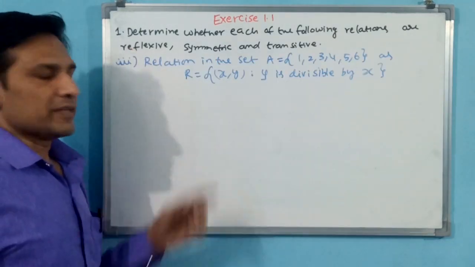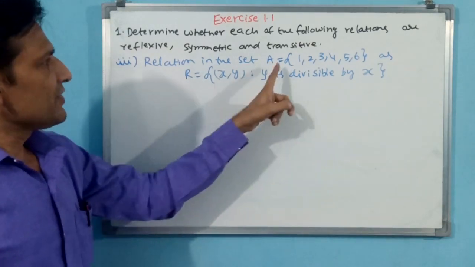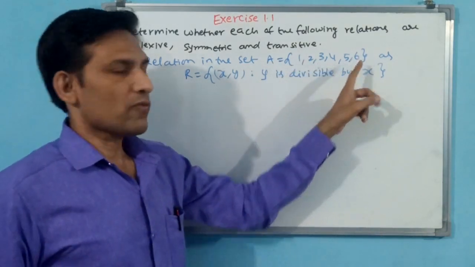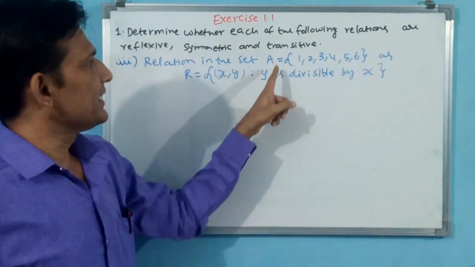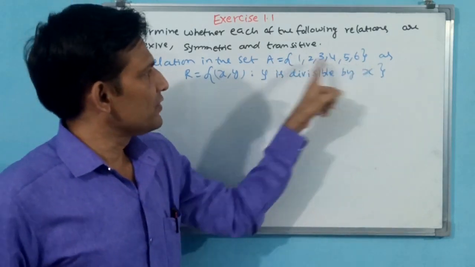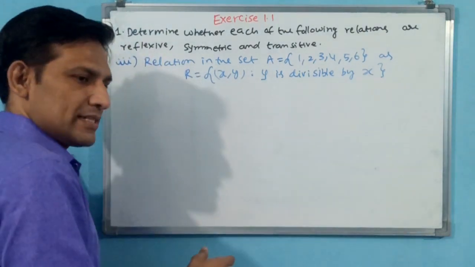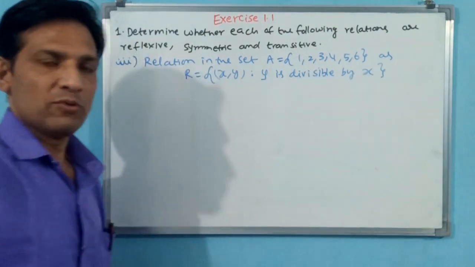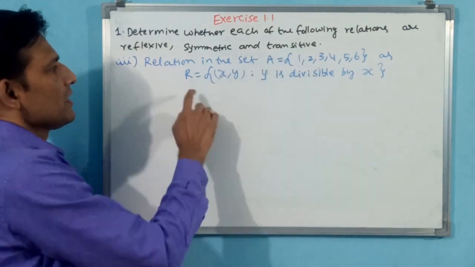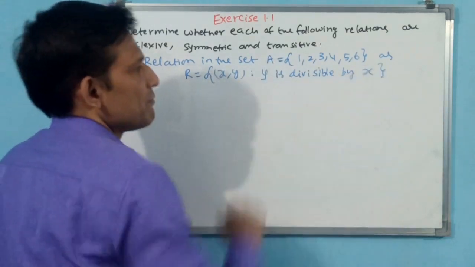See the third part of the first question. Relation in the set A is equal to 1, 2, 3, 4, 5, 6. That means we should take the relation from 1 to 6 only. Okay, you should not go less than 1 or more than 6. What is the relation? y is divisible by x.